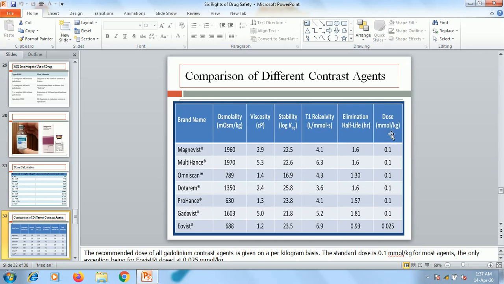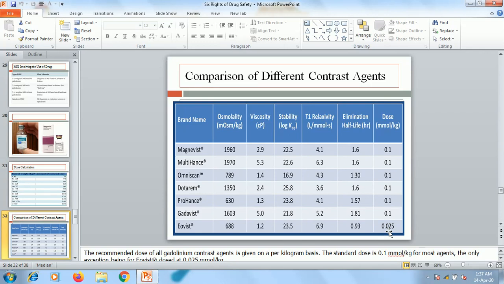So for example, there is a patient, if the weight of the patient is 2 kg, then you can calculate the dose of Gadavist: 0.1 millimole per kg, multiplied with 2.